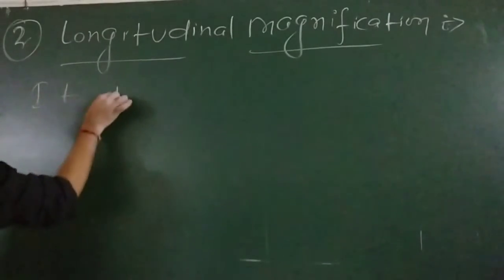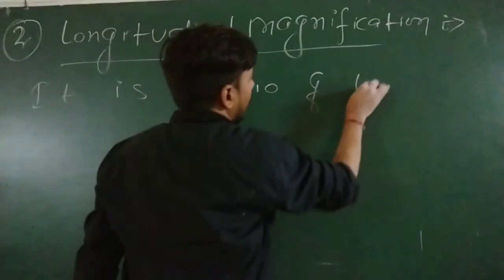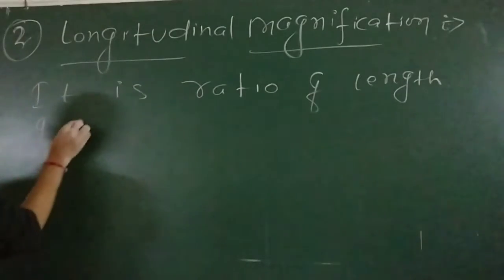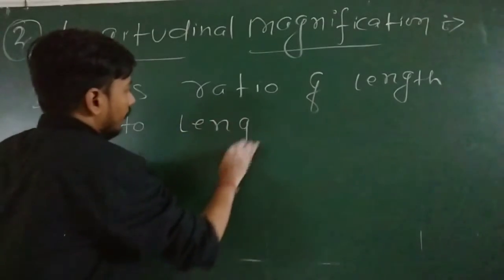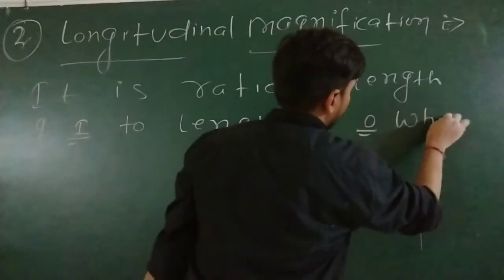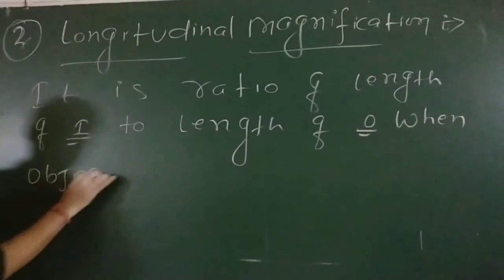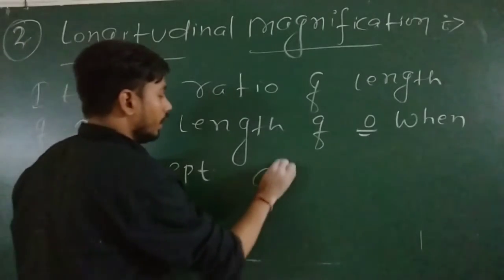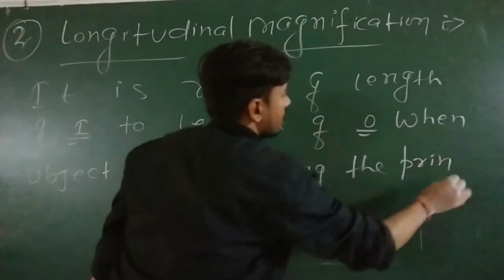It is the ratio of length of image to length of object when object is kept along the principal axis.